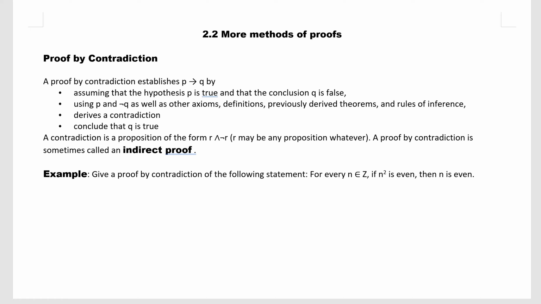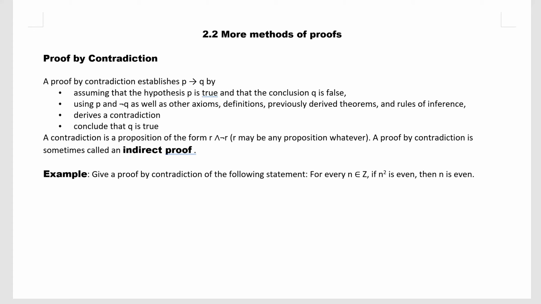First, proofs by contradiction. A proof by contradiction establishes P implies Q by assuming the hypothesis P is true and the conclusion Q is false.